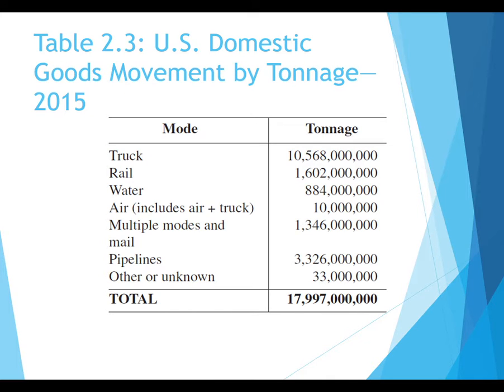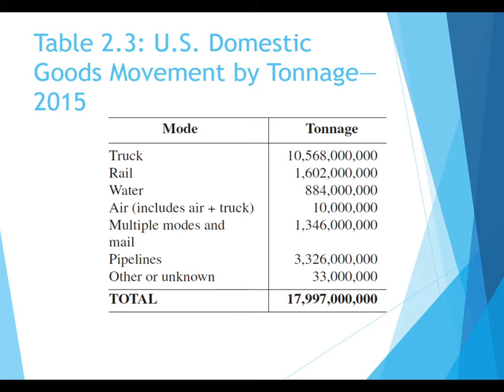Also, when you talk about freight transportation and everything that carries goods throughout the country, these are the tonnage. Tonnage is 1,000 kilograms of freight, between truck, rail, water, air, and other different modes.